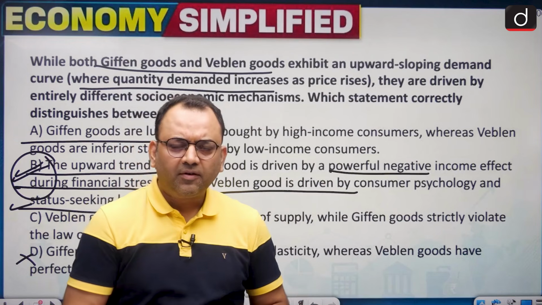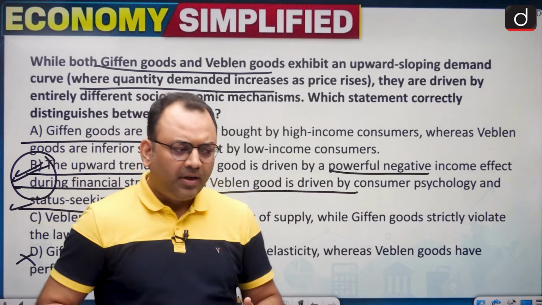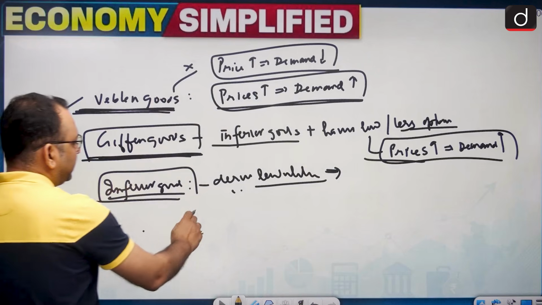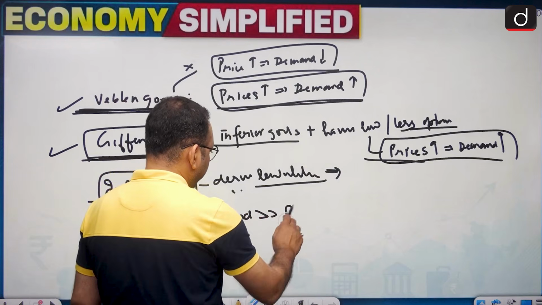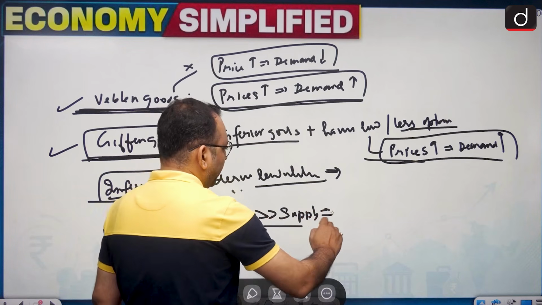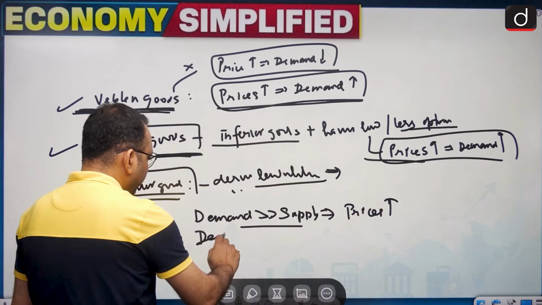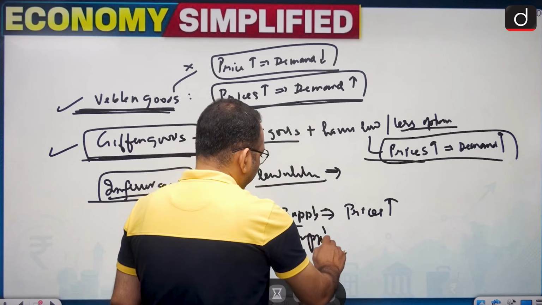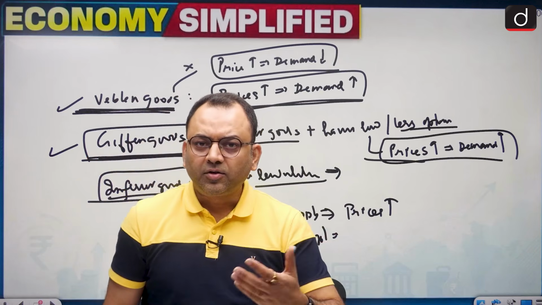In the past, questions have come on these items, right? So in a nutshell, suppose I say, if the demand is much higher than the supply, the prices of the commodities increase, and if the demand is much lower and the supply is more, the sellers will be forced to sell the goods at a lower price.